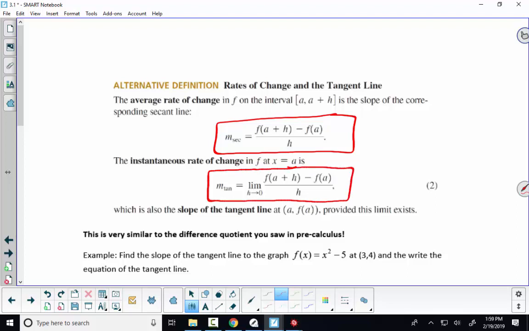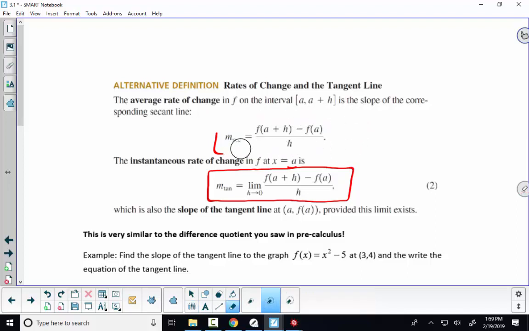We allow h to go to 0. And this should resemble, if you're familiar with the difference quotient, the difference quotient more so than the previous formula did. If you don't remember the difference quotient, it's kind of a moot point, but this should look like the difference quotient. So that's pretty much the difference quotient.